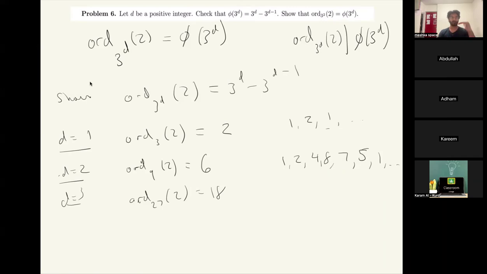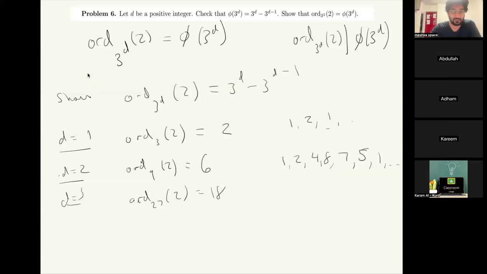So we want to show that when we increase the exponent of the modulus by 1, we are increasing the order by a factor of 3, the prime. Any ideas how we can do this? Would induction work?